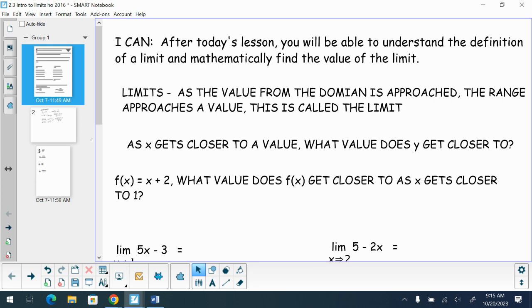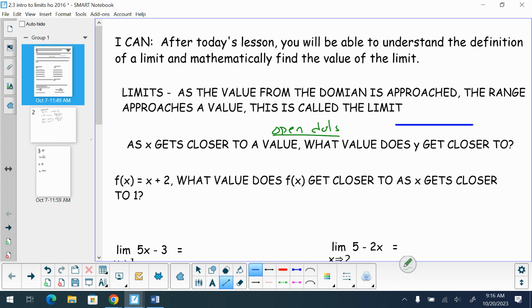You can think of this as open dots. If I said x is greater than 2 and I was going to graph x is greater than 2, what would we put at 2?